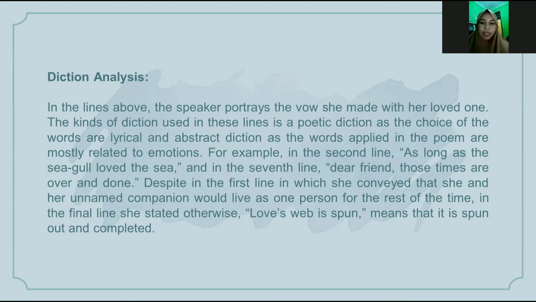For example, in the second line, as long as the seagull loves the sea, and in the seventh line, dear friend, those times are over and done. In the first line, she conveyed that she and her unnamed companion would live as one person for the rest of time. In the final line, she stated otherwise. Love's web is spun means that it is spun out and completed.